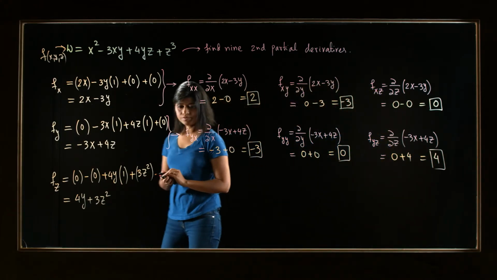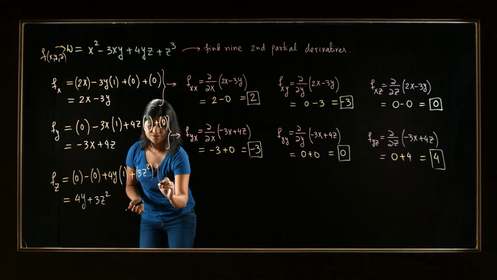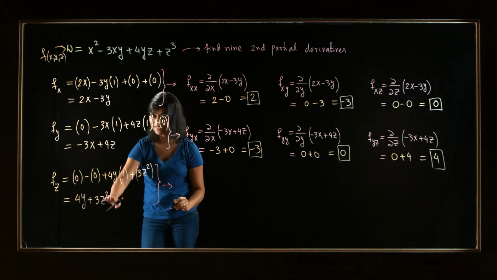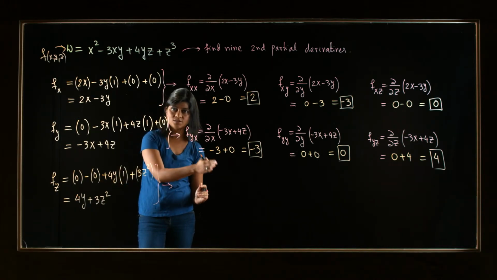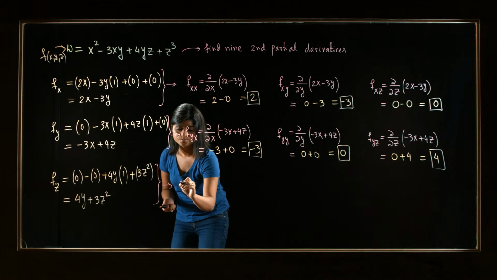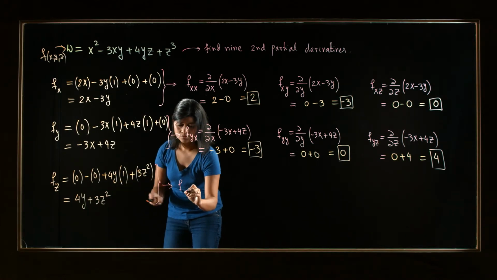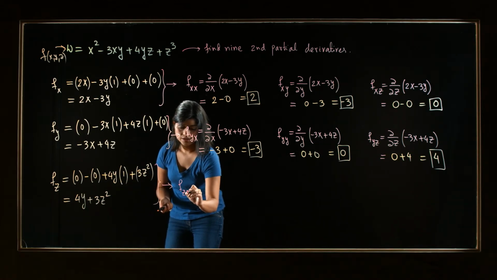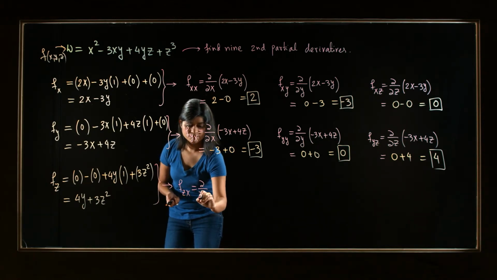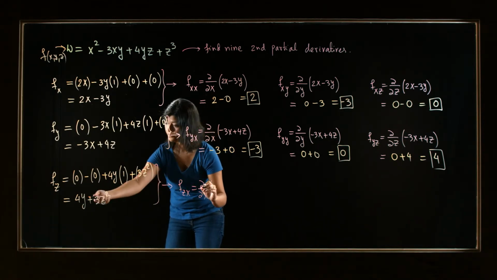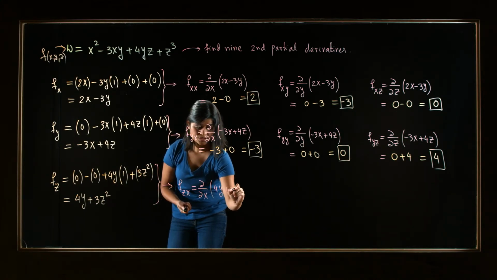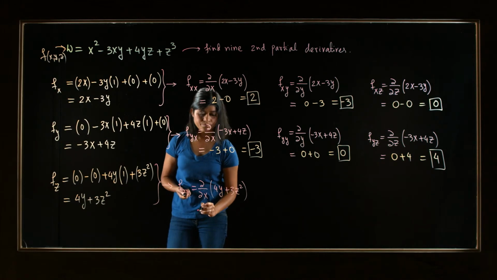So we're left with fz, and we have to do the same thing again. Take the derivative of this expression with respect to x, y, and z. So the first one is fzx, which is the partial with respect to x of the expression 4y plus 3z square.